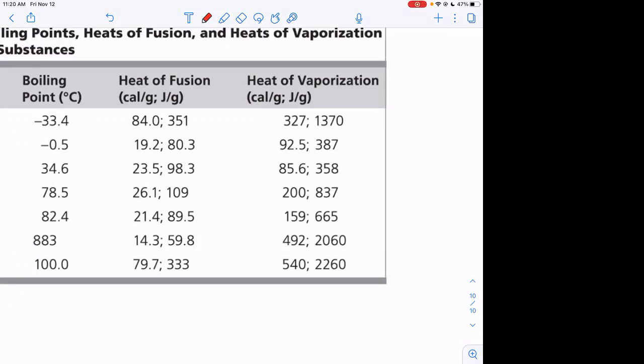Okay, it takes way more heat or energy to take something from a liquid to a gas phase than it takes for something to melt from solid to liquid phase. So what I mean is that the numbers over here on the right are always bigger for every substance than the numbers in that column on the left. Okay, so heat of vaporization is always larger. So that is not true.